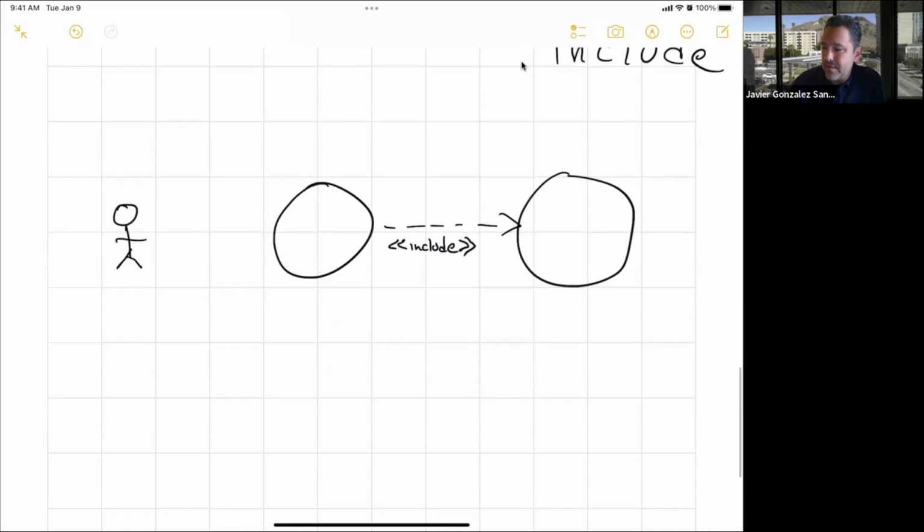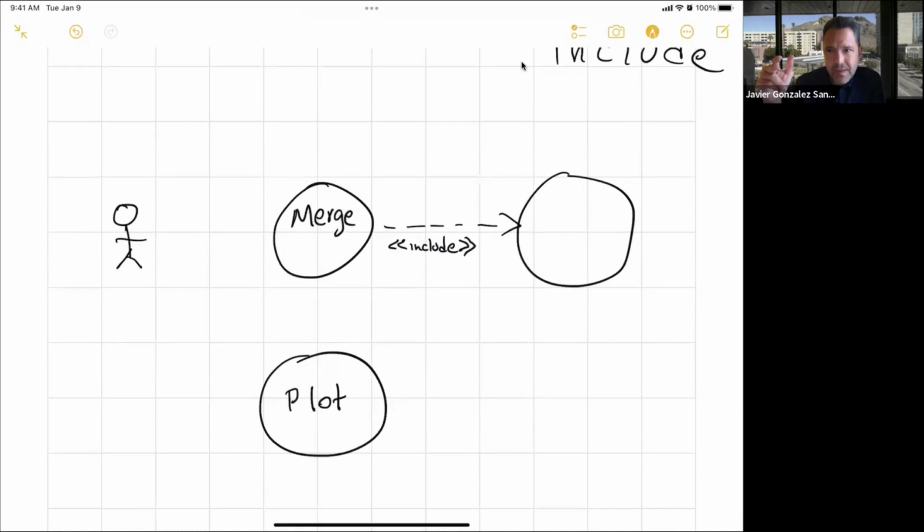I like that one. Let's see. Do you remember that you have this plot requirement? Do you remember that you have a requirement about plotting something, right? You have that one. Merge. Do you remember that you have a requirement about merging data?